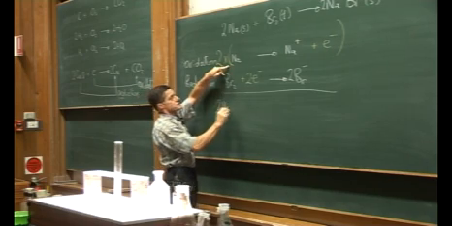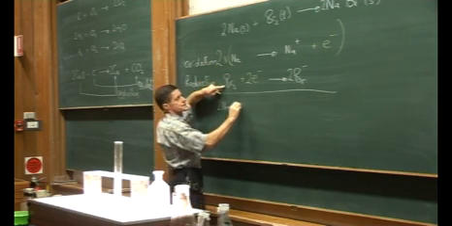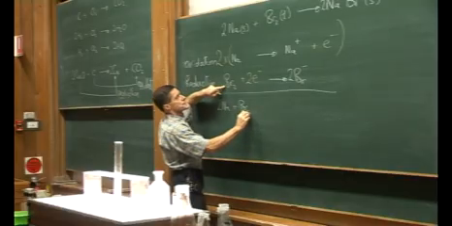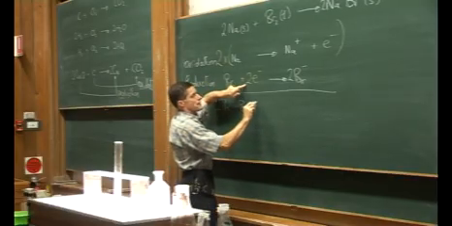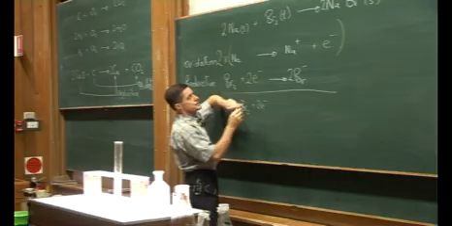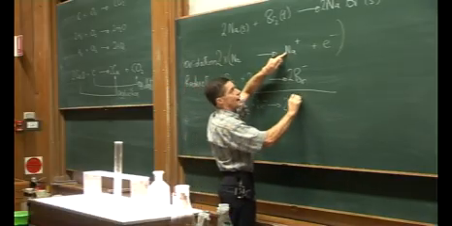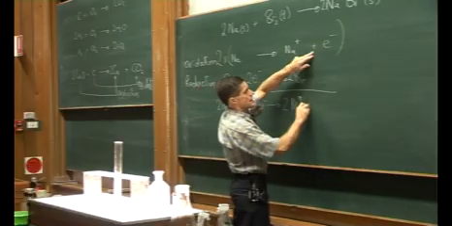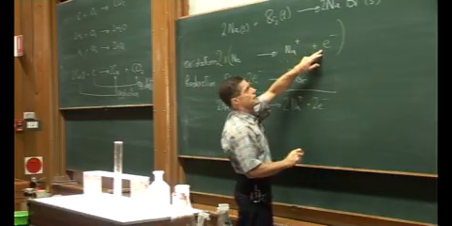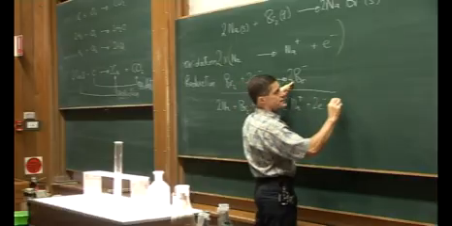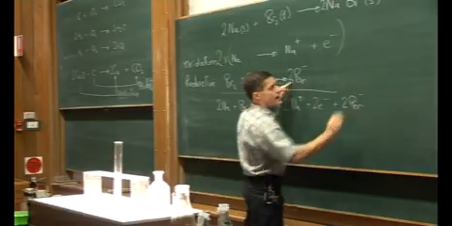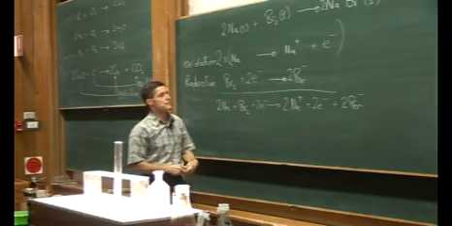I will end up with 2 lots of sodium plus 1 lot of Br2 plus the 2 electrons, giving 2 lots of Na+ plus 2 lots of e- plus 2 lots of Br-.